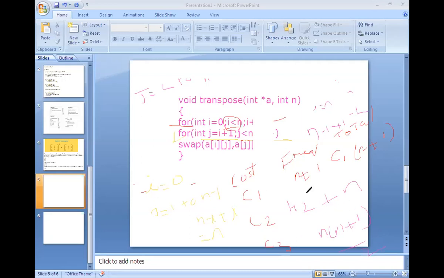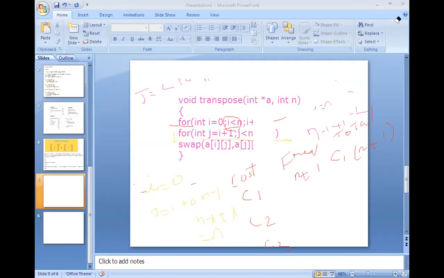So here the frequency for this is, what is the frequency here? n into n plus 1 by 2. How do we get the inner loop value? Whenever the i value is 1, j comes n, and when i value is 2, j is n minus 1, and so on.